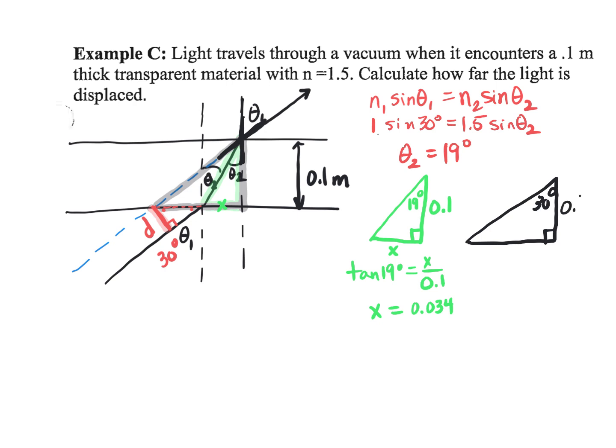This is still 0.1. And we are looking for this, y. This right here is y. Okay? Right angle here. So let's find y. So y is going to be tan 30 times 0.1. So 0.058.